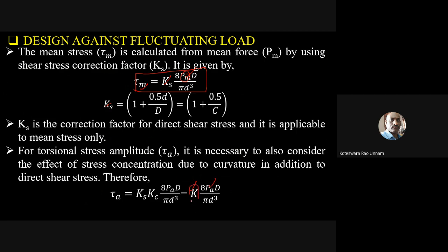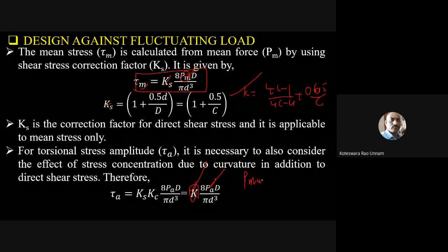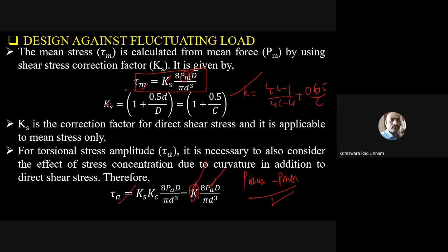You have to compute K, the wall stress factor, which is given by (4C minus 1) by (4C minus 4) plus 0.615 by C. And Pa is P max minus P min by 2. Therefore I'll get the tau A value and tau m value.